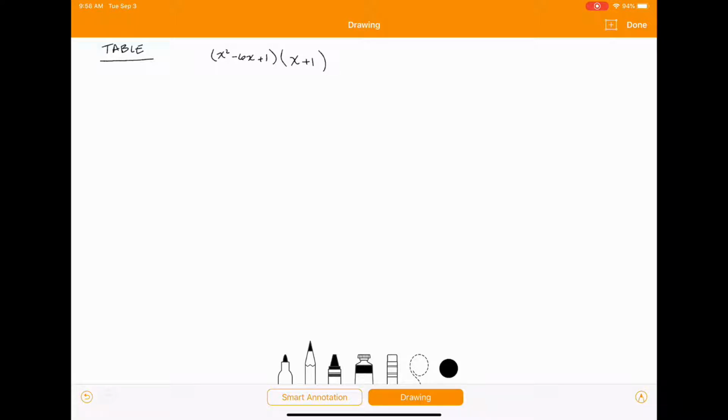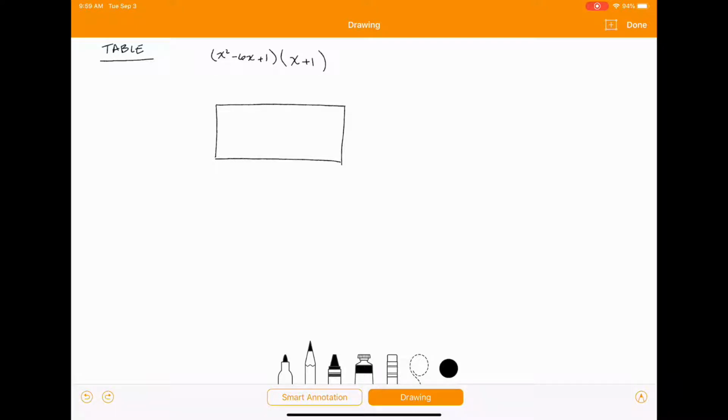So what you're going to do is create a table that has enough spaces for each piece of this polynomial. As you can see in this first polynomial, we've got 1, 2, 3 different pieces to it. So we're going to need 3 columns.